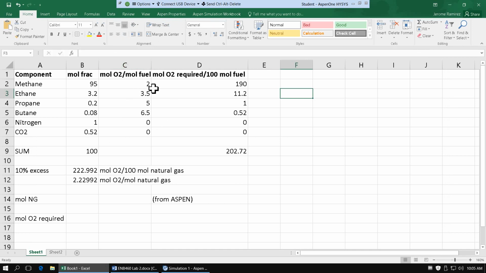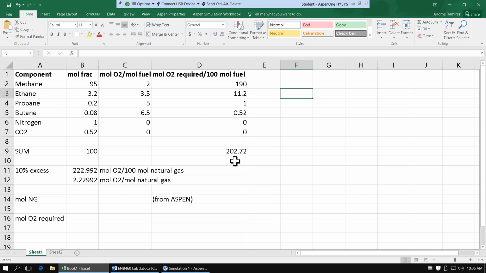And then we can calculate the moles oxygen required for each 100 moles of fuel. It's just multiplying this column by this column. And we get a total of 202.72 moles of oxygen per 100 moles of fuel. Right, so it's more than twice.